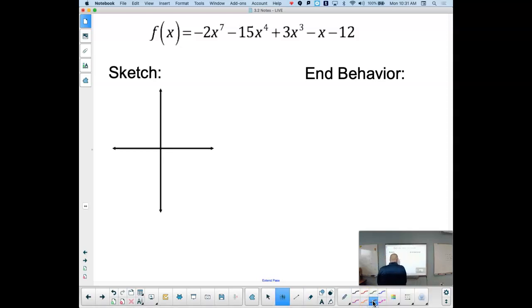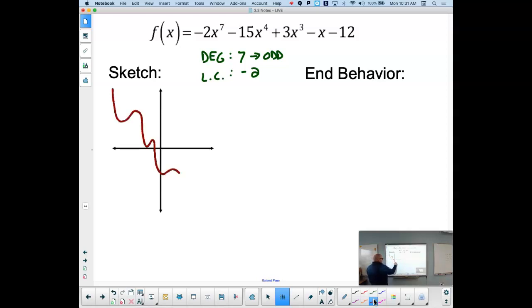So my sketch: my degree is 7, so that is odd. My lead coefficient is -2, so that tells me that my graph is going to start up here and look something like that.